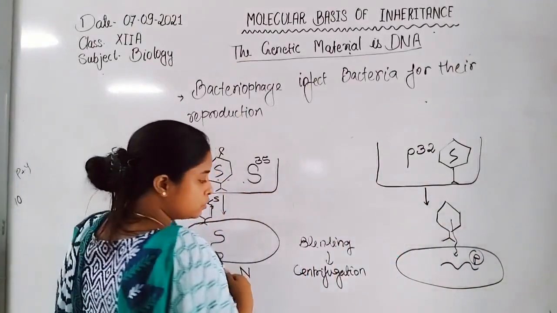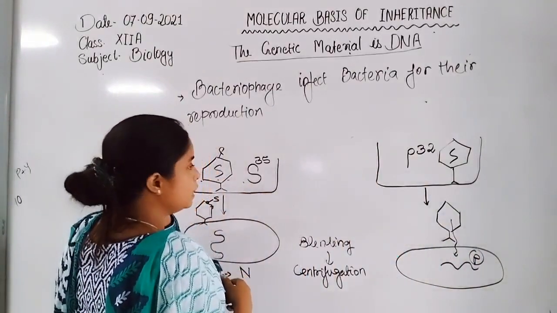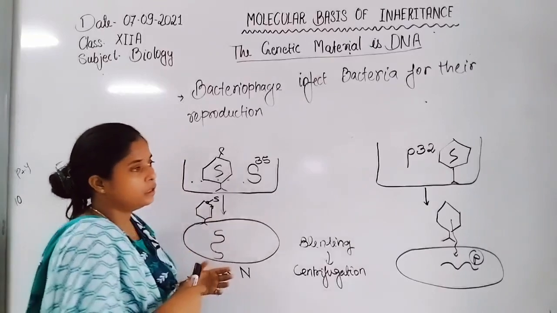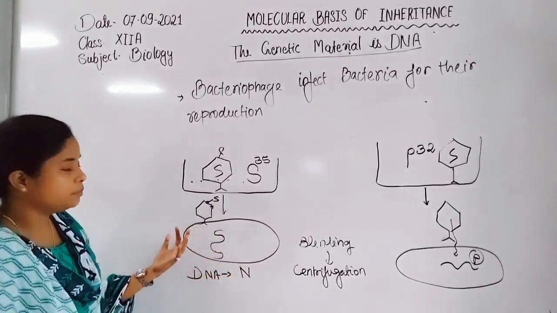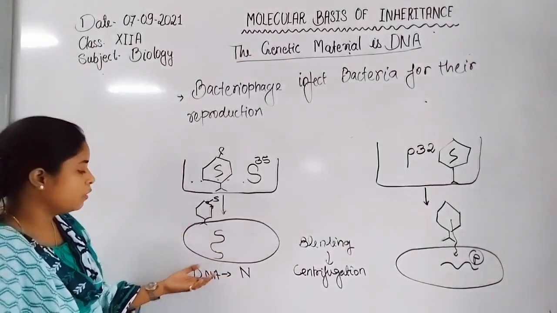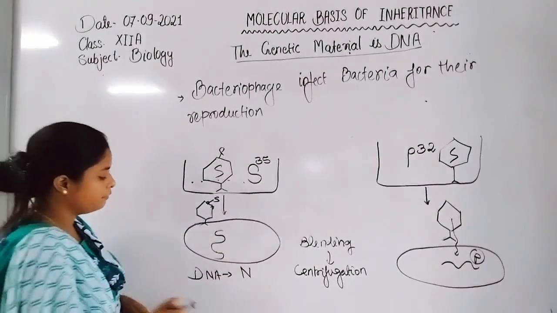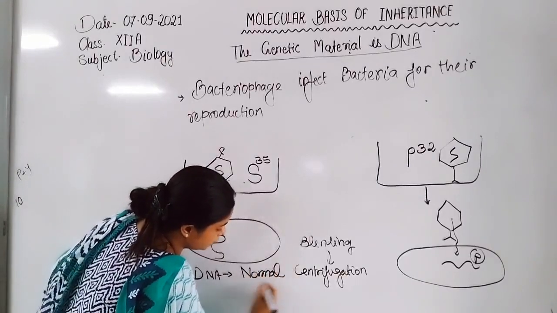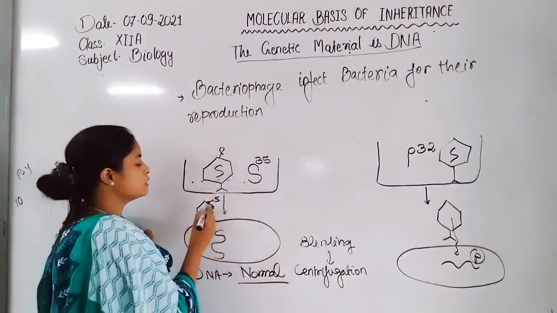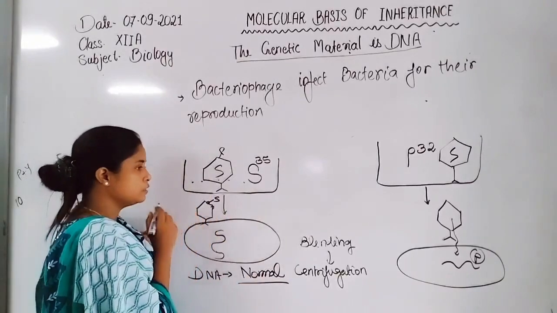After the bacteriophage caused infection, what did they identify? They identified normal DNA only, because the bacterial DNA is normal.